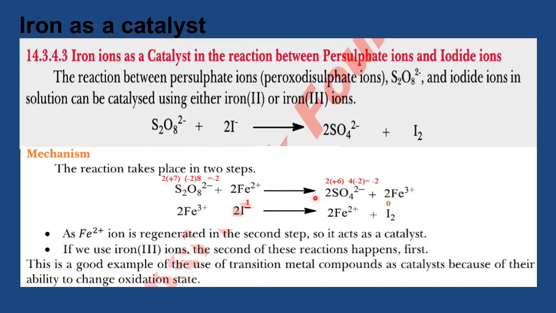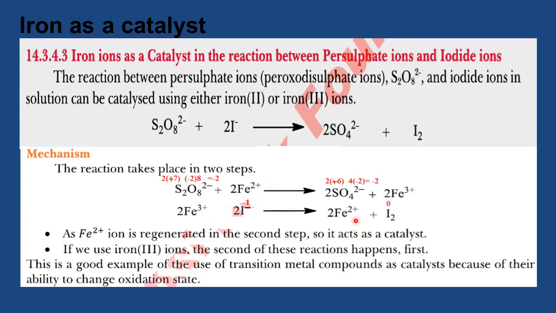Now this is a good example of the use of transition metal compounds as catalysts because of their ability to change oxidation states. You can see iron can change its oxidation state from ferrous to ferric and again from ferric to ferrous.